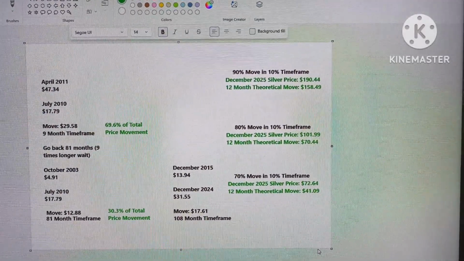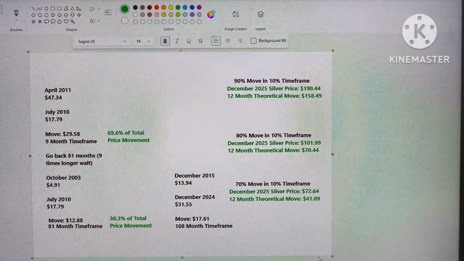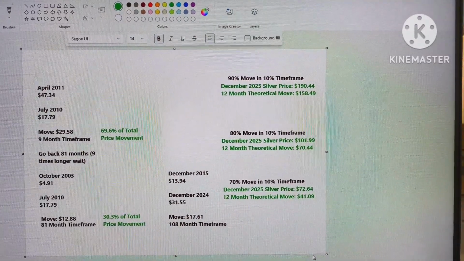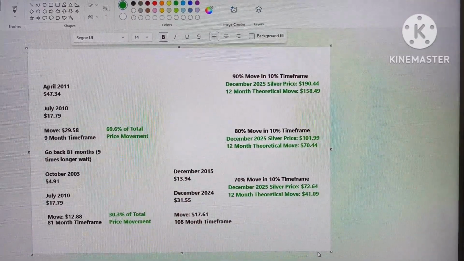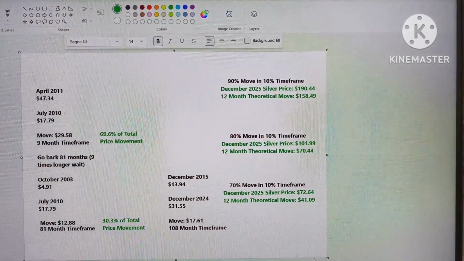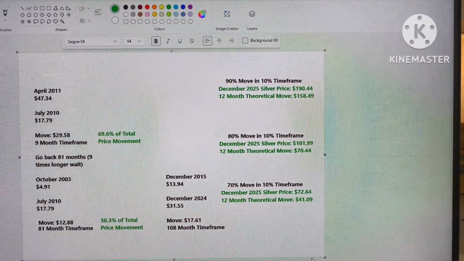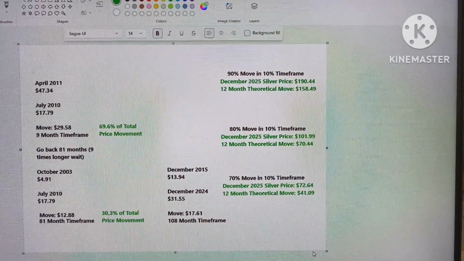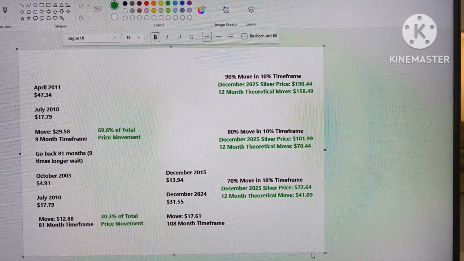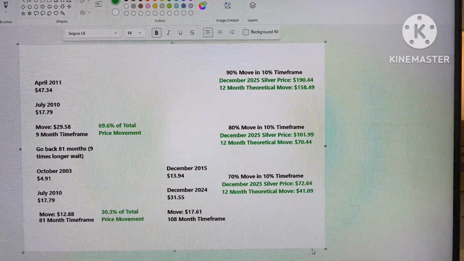So what if that is our 30%, and the upcoming 12 months or 1 year would represent the 10th year, so the 10% time frame, right? So if we get a 70% move in a 10% time frame, your final price in December of 2025 for silver would be $72.64, with a move up of $41.09.